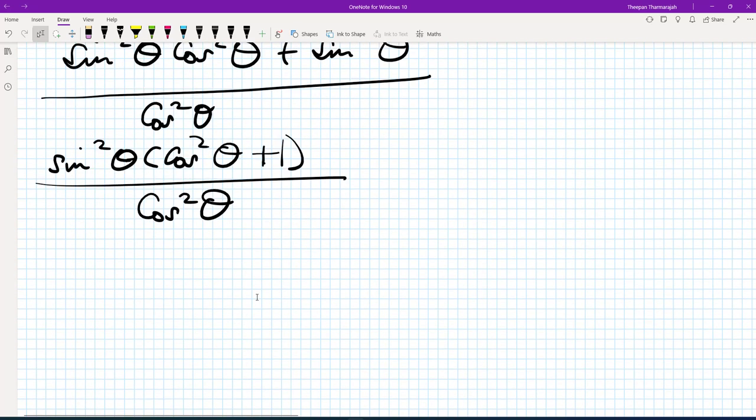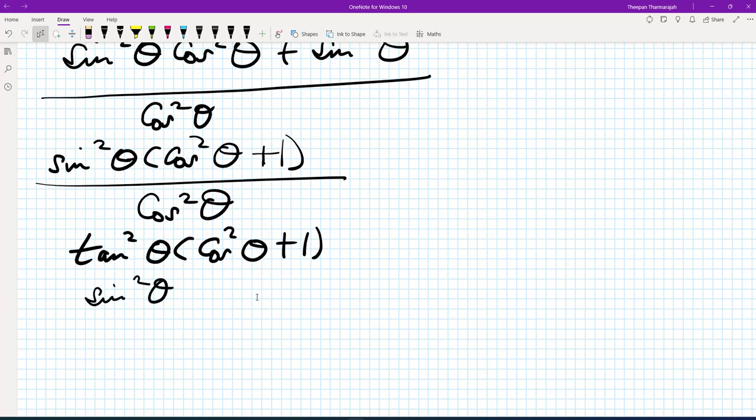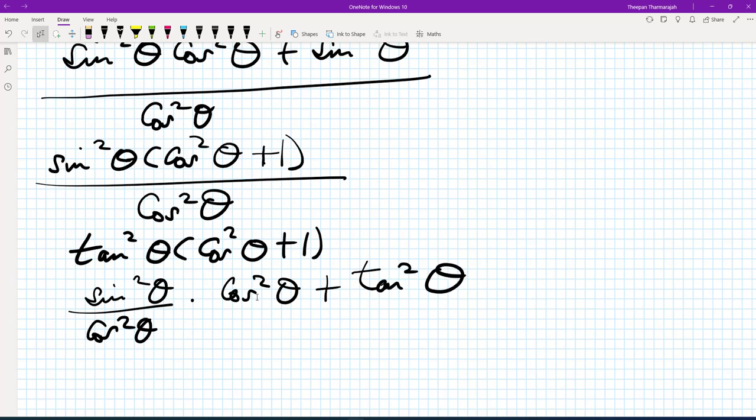Well, that's going to give me tan squared theta times cos squared theta plus 1, which is sine squared theta over cos squared theta times cos squared theta plus tan squared theta. Sine squared theta plus tan squared theta.